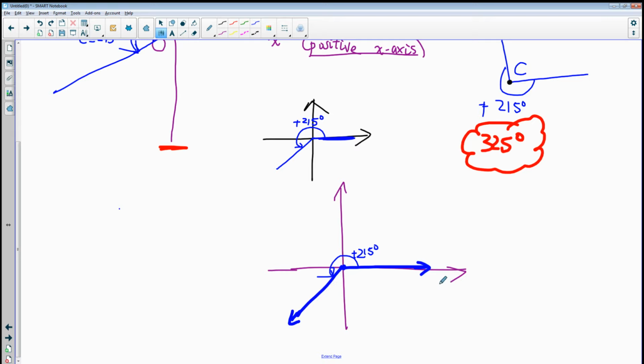Okay, positive 215 degrees. All right, this you already know, it's called the vertex, or you can call it the origin. This arm here, we already gave the name, it's called the initial arm.